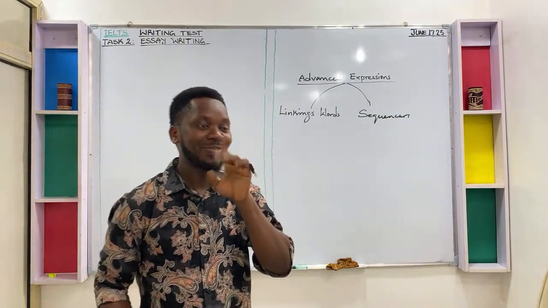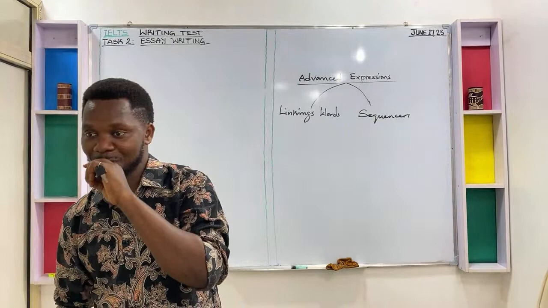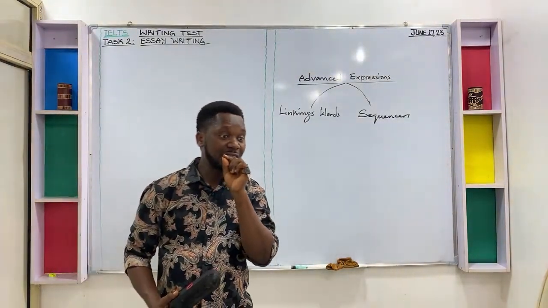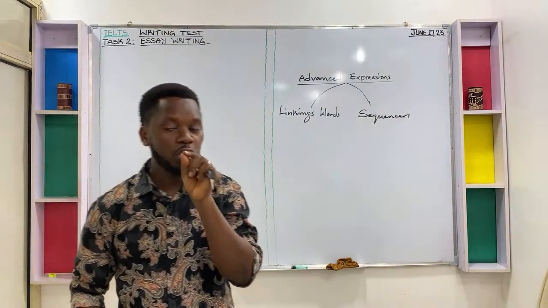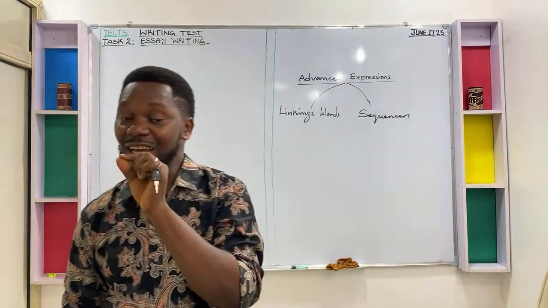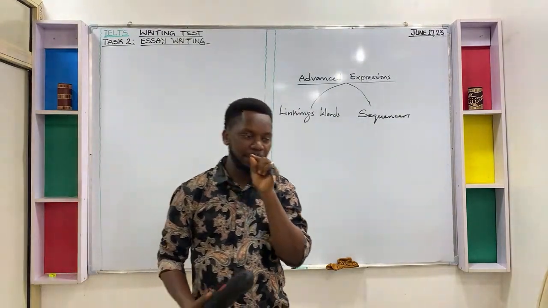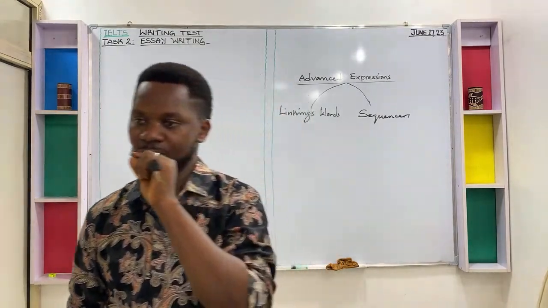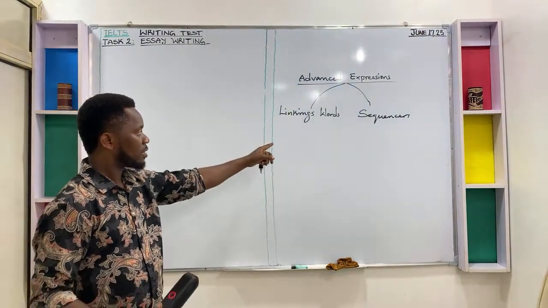One word is perfect. Subsequently, consequently, summarily, instead of saying in summary, say summarily, conclusively, instead of saying in conclusion. You also have in light of the above. These are words you can always use as sequencers.